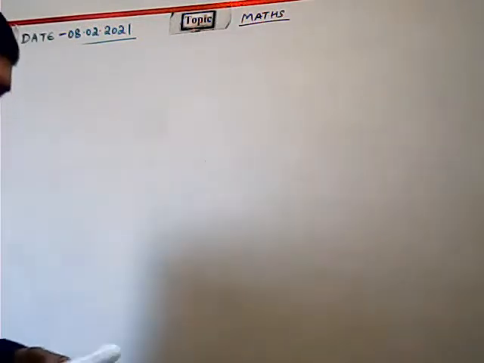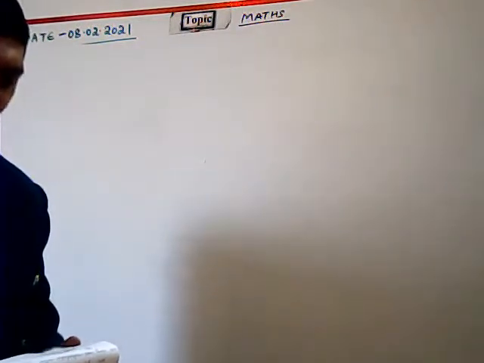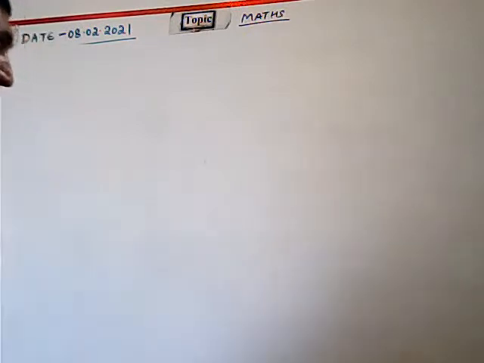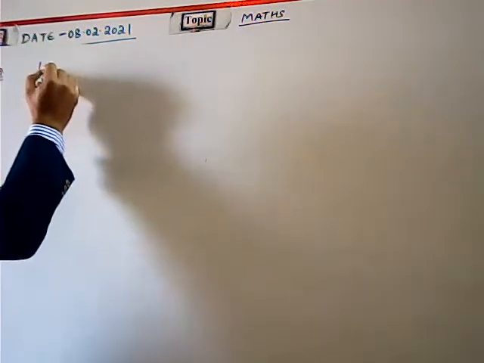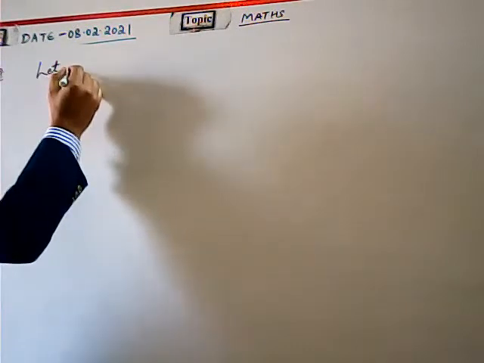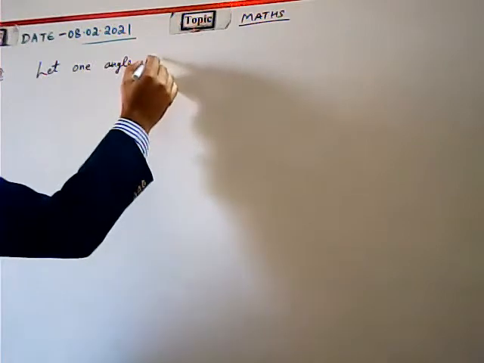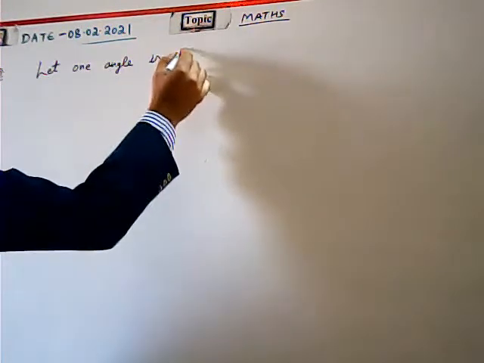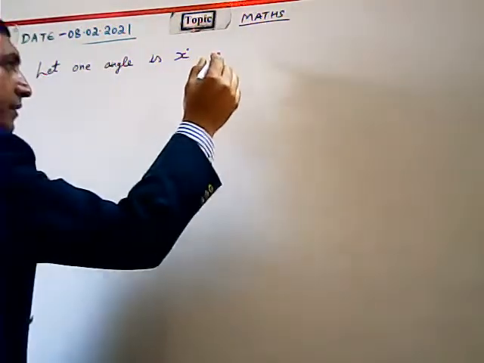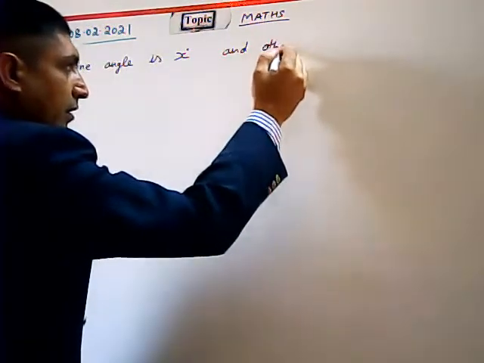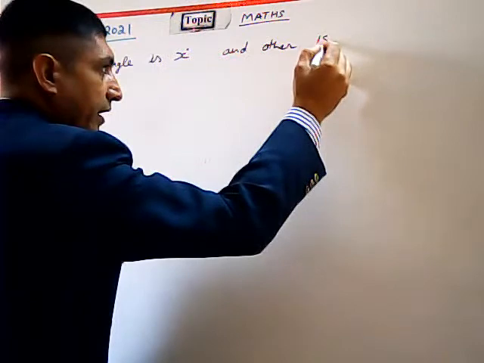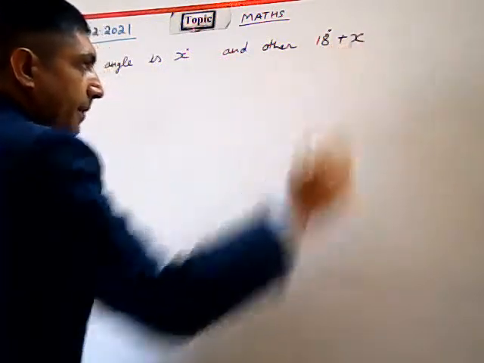Here, the greater of two supplementary angles exceeds the smaller by 18. Let one angle be x degree and another will be 18 plus x.